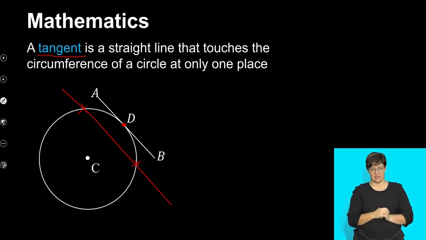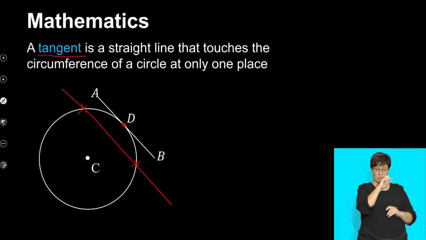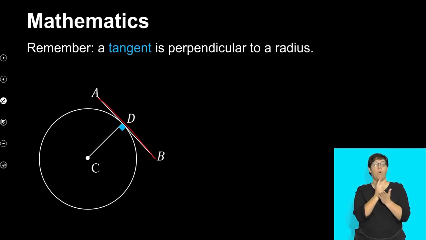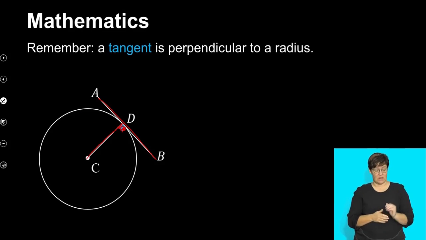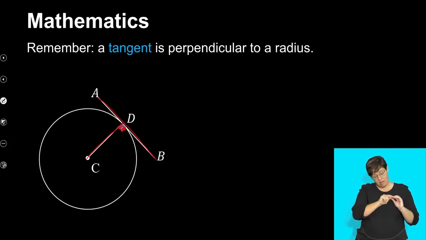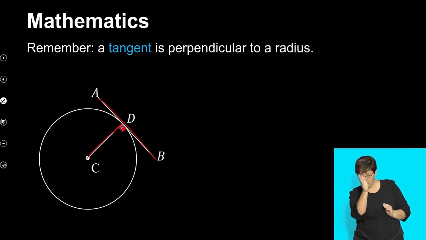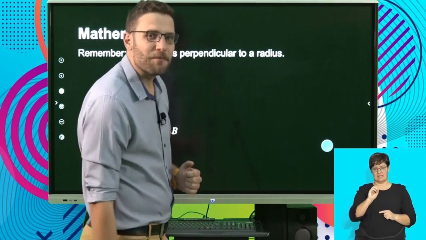Now, what's important to remember about tangents, going back to our circle geometry, is that a tangent is always going to be perpendicular to a radius. If I draw a radius from the center of the circle to the one point where the tangent touches the circle, the tangent and the radius are going to be perpendicular.